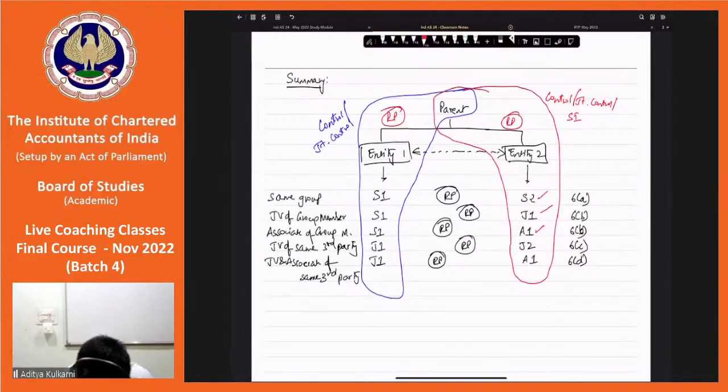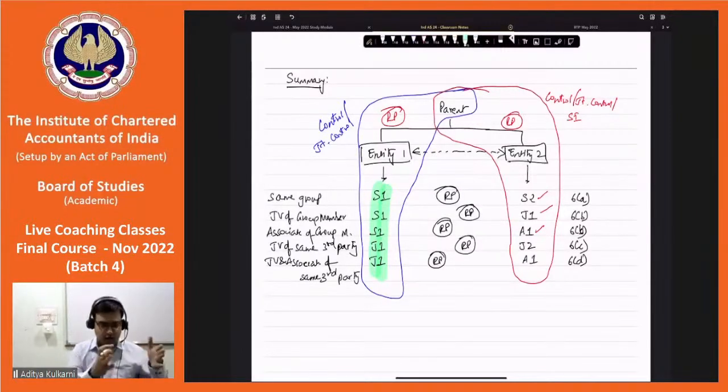So what is important is, at least on one side, control or joint control must exist by the parent. You cannot have significant influence on the left side and significant influence on the right side and prepare a related party transaction.